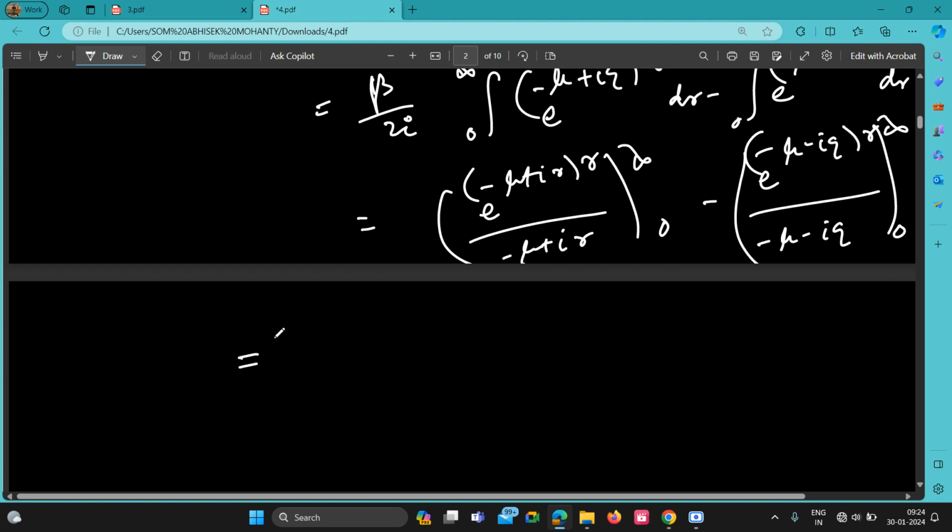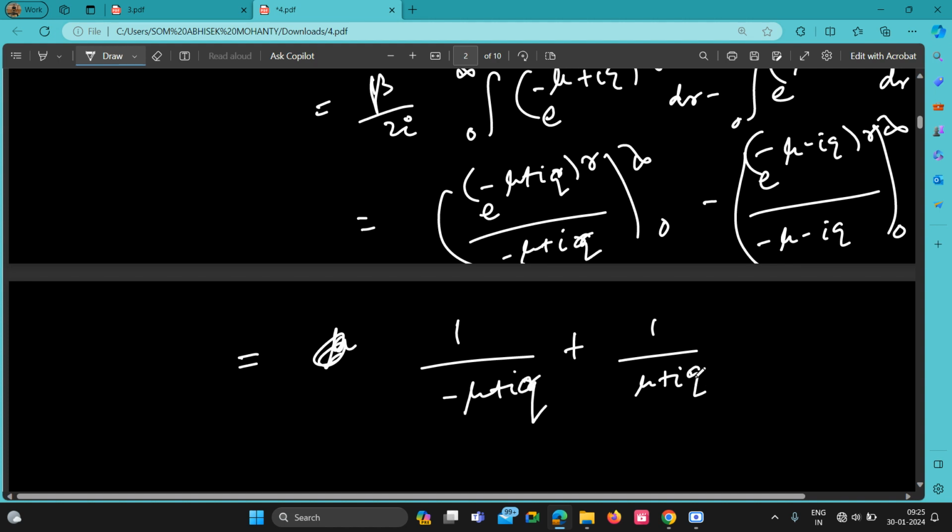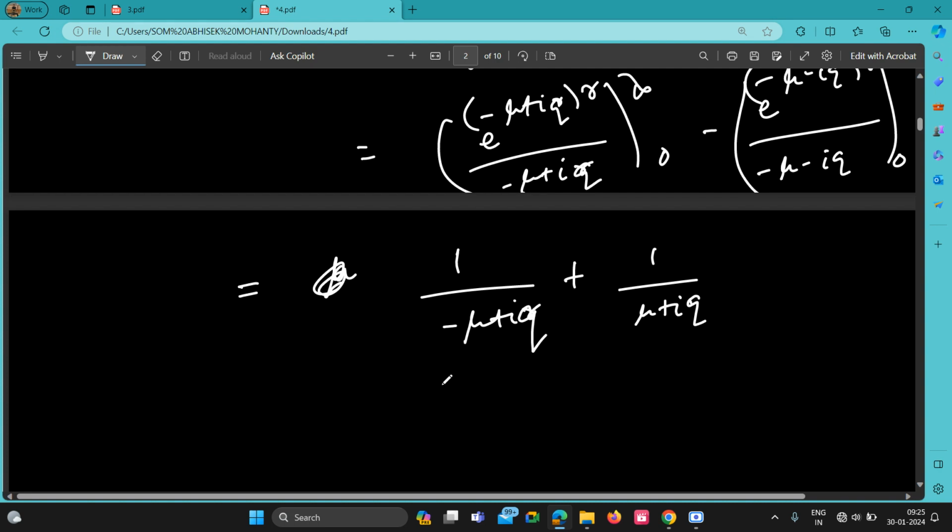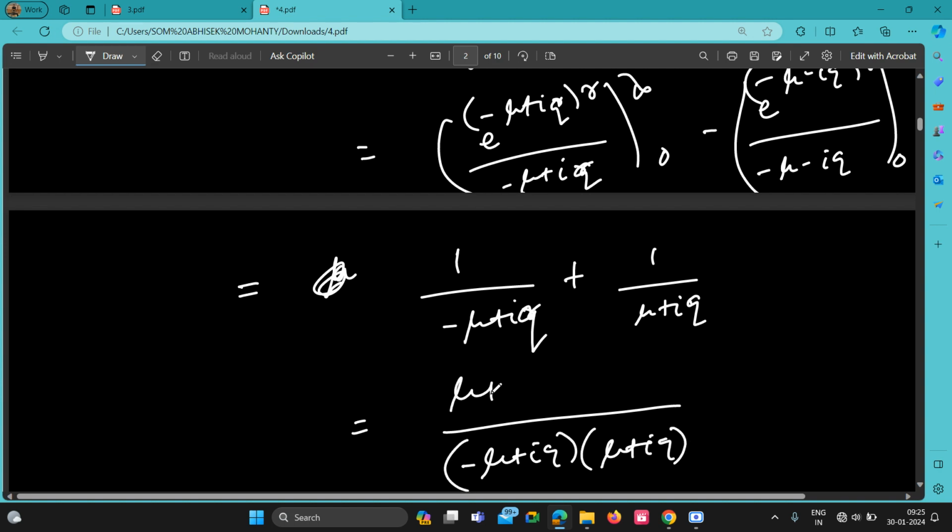So if you do all that, we can have the LCM, otherwise let's do one thing: 1/(μ−iq) minus 1/(μ+iq).